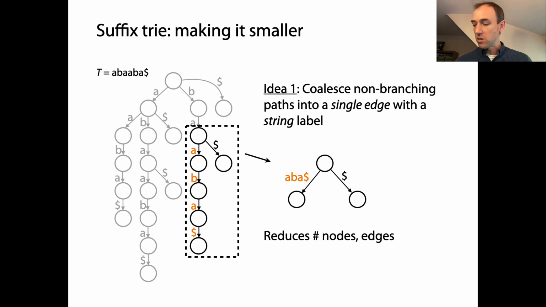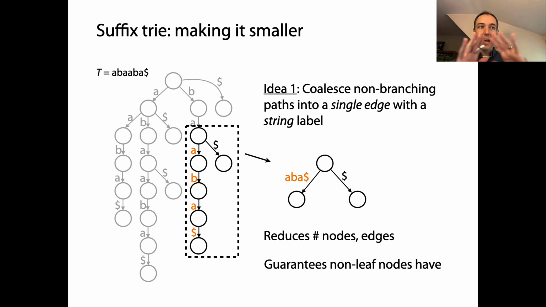Well, we know it reduces the number of nodes and edges. And if we were to apply this idea absolutely everywhere where we saw a trivial chain of nodes in the trie, then we would have a new guarantee when we were done. Our guarantee would be that all the non-leaf nodes of this newly coalesced version of the suffix trie have more than one child, so at least 2 children.